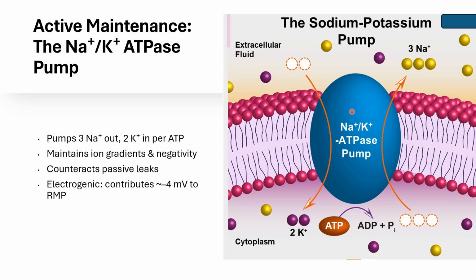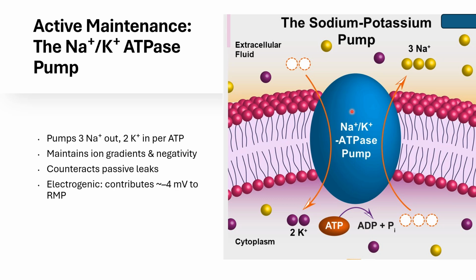One, it maintains the concentration gradient for sodium and potassium, ensuring that the passive diffusion forces can keep generating the resting voltage. Two, it counteracts the continuous passive leaks that occur through ion channels, keeping the cell in a steady electrical and chemical state.